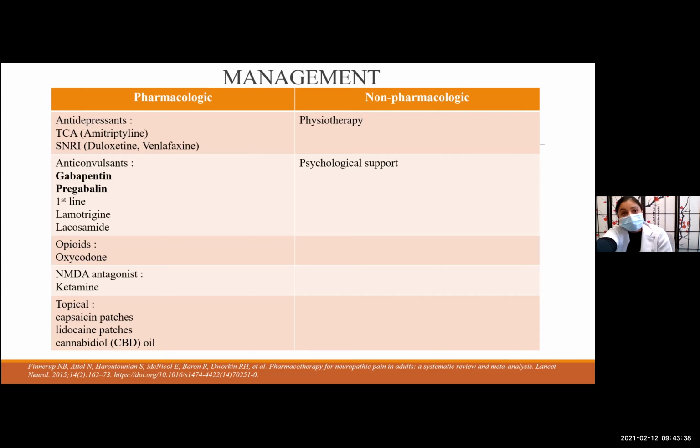Opioids are not used as much because number one, they cause a dependence issue, and the other thing is it does not really have a role in small fiber neuropathy because it is just a depressant. And there are topical agents as well: capsaicin, lidocaine patches, or CBD oil.